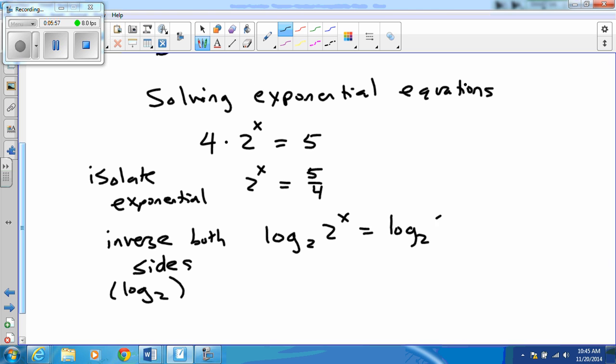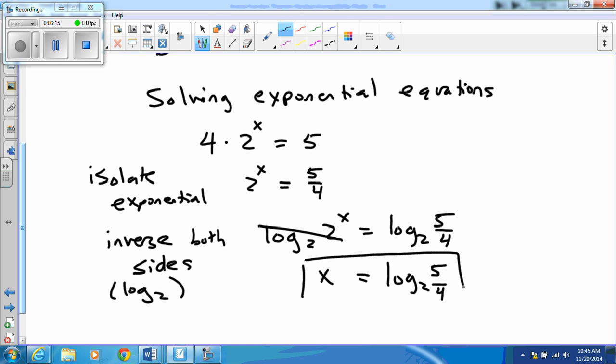So if I now take the log base 2 of both sides, then these cancel, giving me x, which is equal to log base 2 of 5/4. That's as simple as we need to have it for now. So we put a box around it and smile.